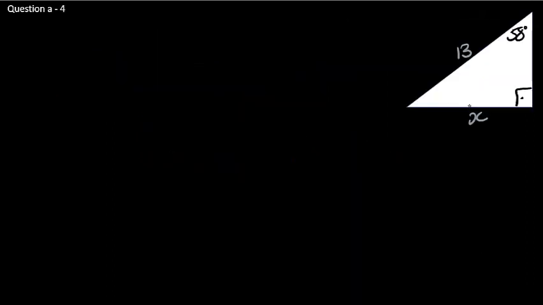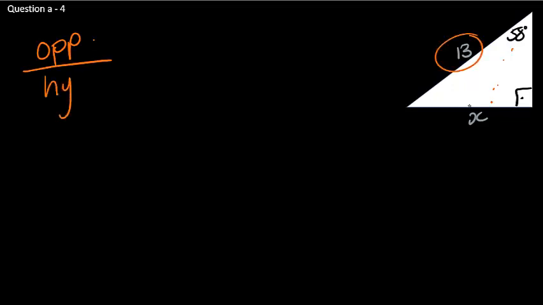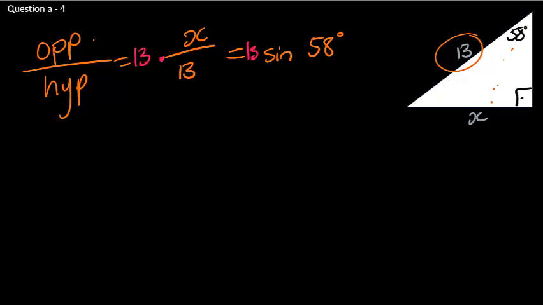Next question. X is opposite over 13 which is hypotenuse. That is x over 13, and opposite over hypotenuse is sine of 58 degrees. Multiply by 13 on both sides, so these two cancel out.